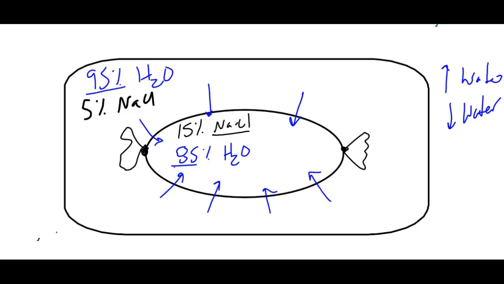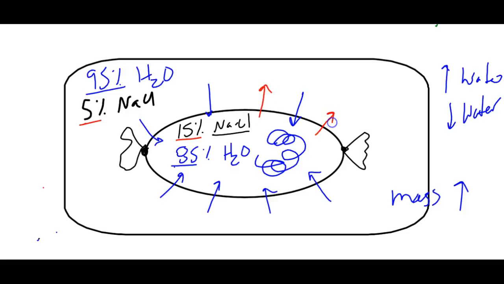Water molecules are going to come in here and it's going to fill up. So you would expect the mass to increase in that starch weenie over a given amount of time. If the bag was permeable to salt, 5% versus 15%, you would expect salt to move out.